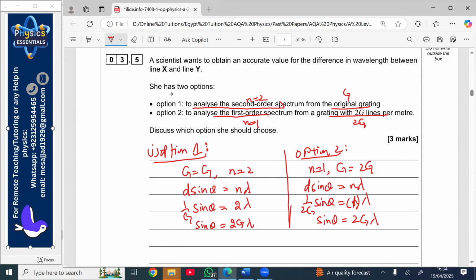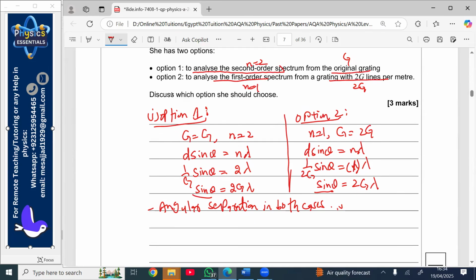So you can see that there is no specific information we are getting in terms of angular separation. So you will write: angular separation is the same in both cases. So no information obtained from this.